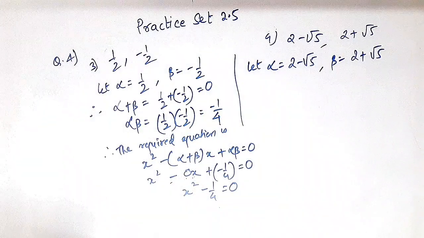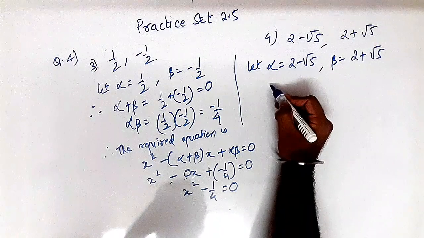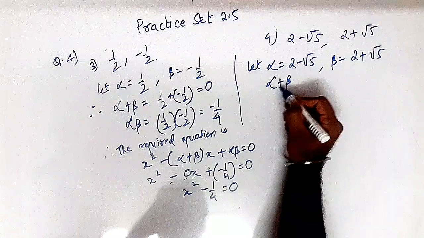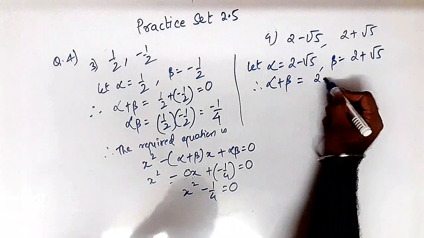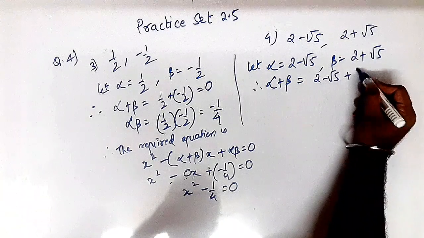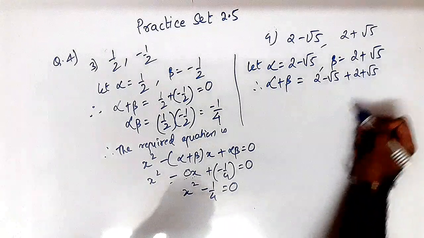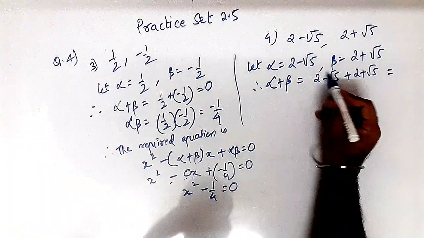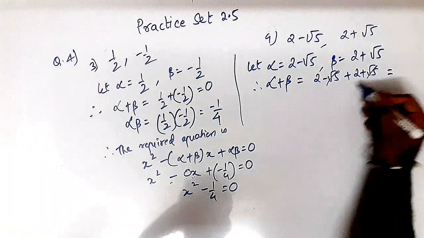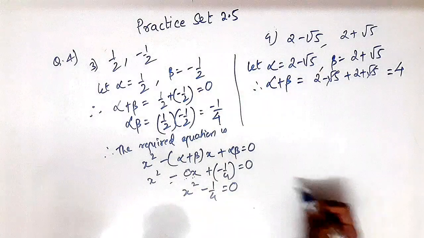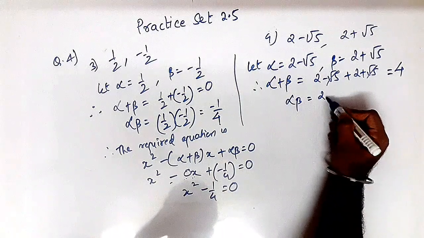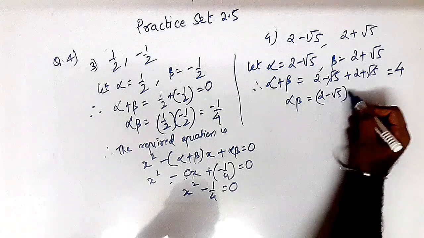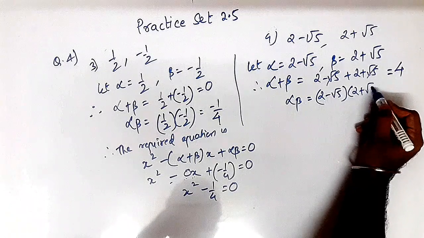Okay, so we'll write therefore the sum of the roots equals to 2 minus root 5 plus 2 plus root 5. What will it be? Minus root 5 plus root 5 will go, it will be 4. Okay, and the product of roots equals to 2 minus root 5 into 2 plus root 5.